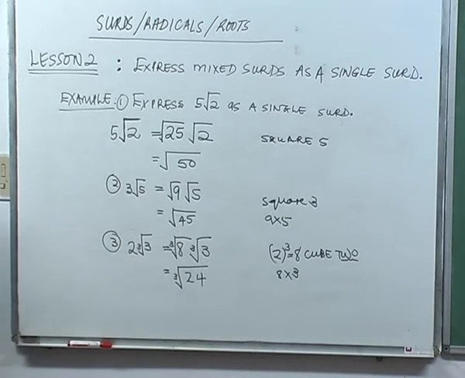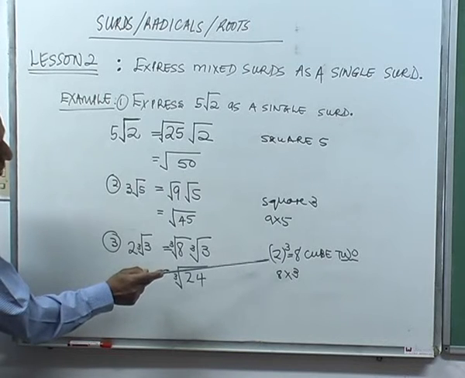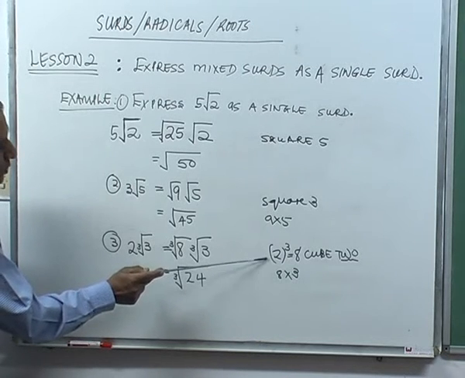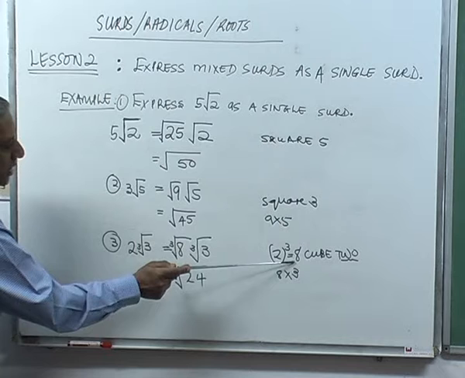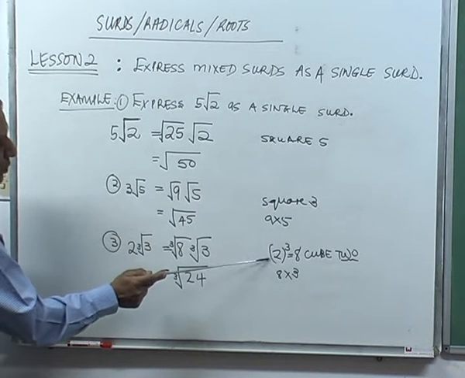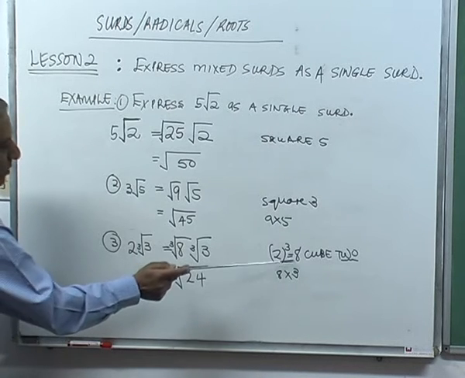Let's take the next example. And be careful. In this example, it's cube root. So you can't use the same rule like that. It's cube root. Therefore you must take 2 and cube it. Cube 2 means 2 times 2 times 2, which gives you 8.